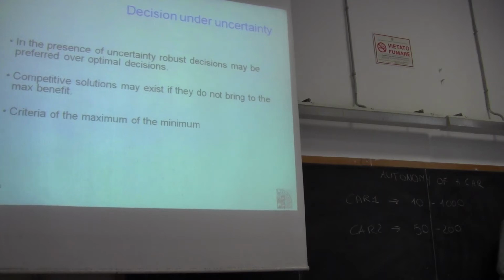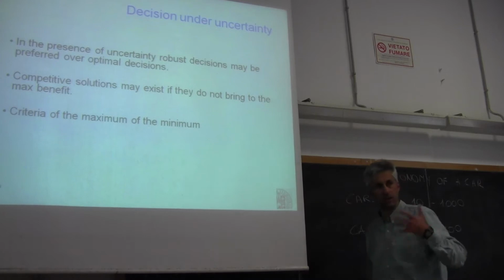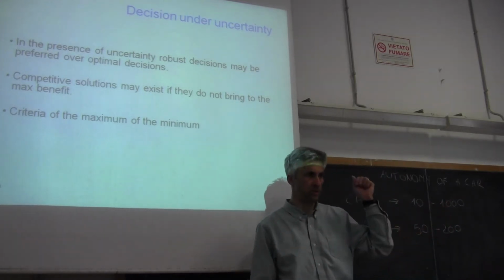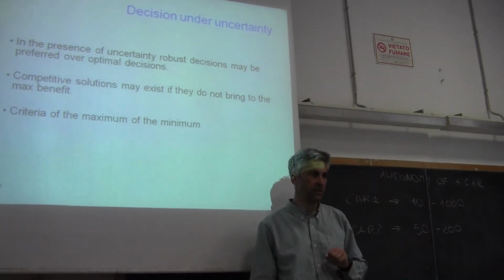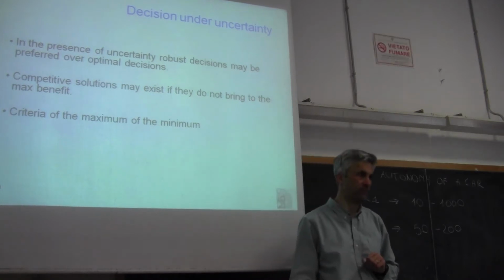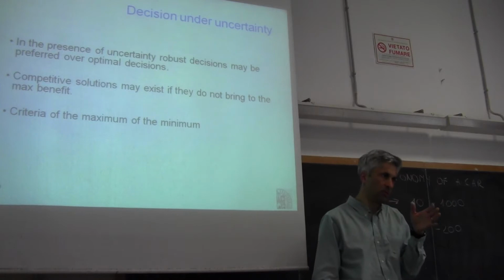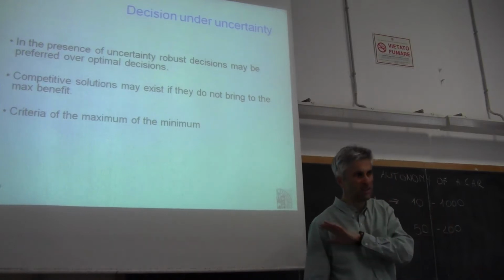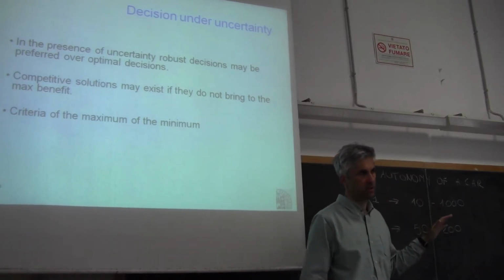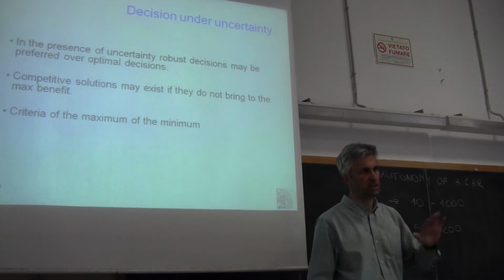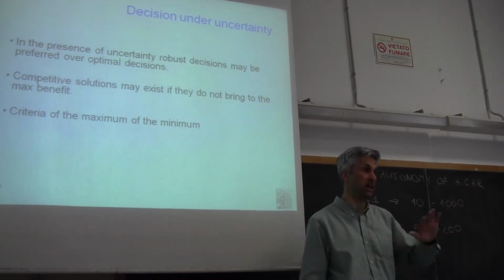But if, for instance, you think of any gambling exercise, gambling is where you bet in order to try to increase your money. The maximum of the minimum would suggest you not to bet in any case, because any bet implies a risk.